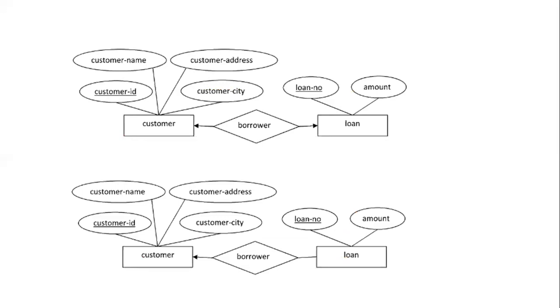The overall database is represented by a particular graphical representation. So the graphical representation shown here is a sample ER diagram. So how to represent that?